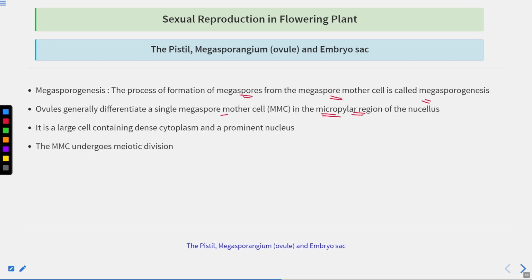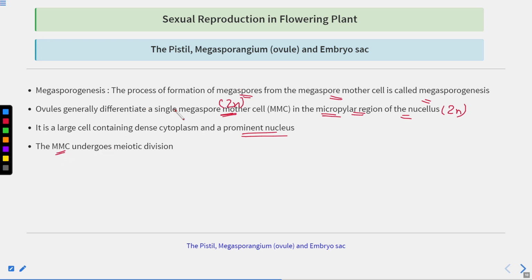The megaspore mother cell is diploid, because it is formed from the nucellus, which is also diploid. These are large cells containing dense cytoplasm and a prominent nucleus, and the megaspore mother cell undergoes meiotic divisions.